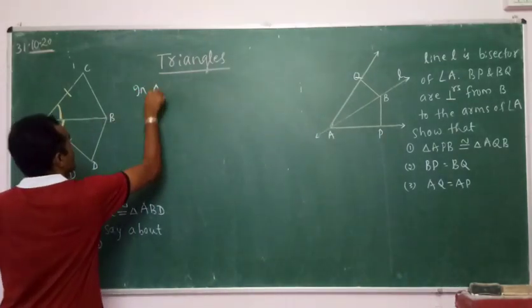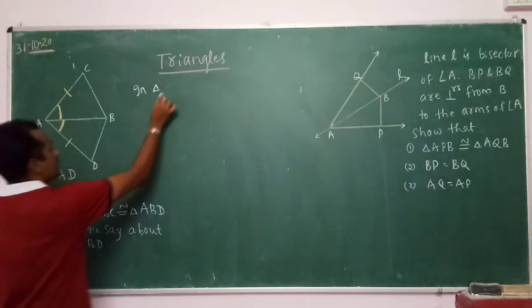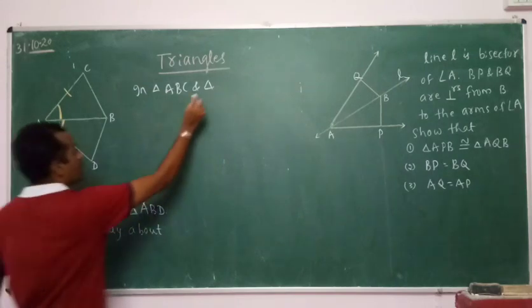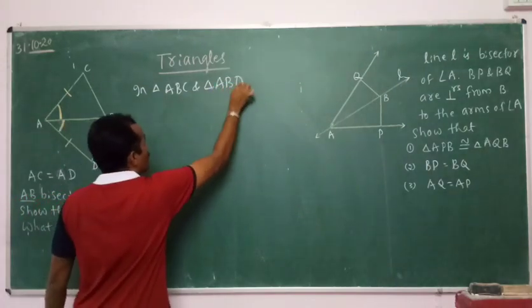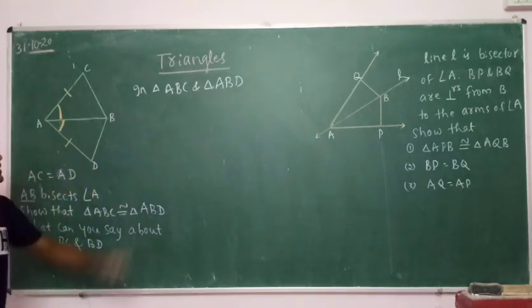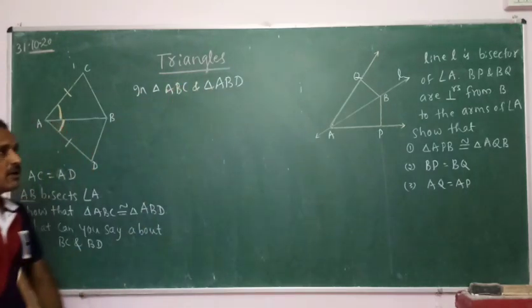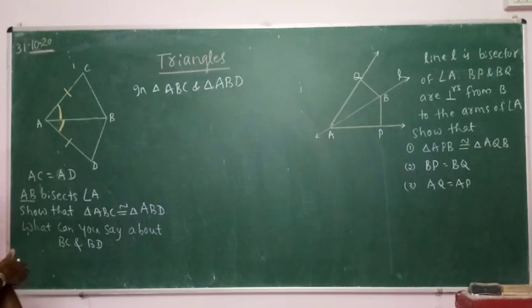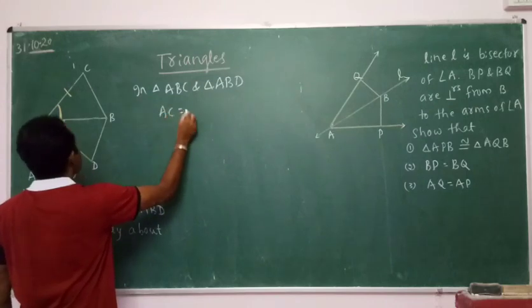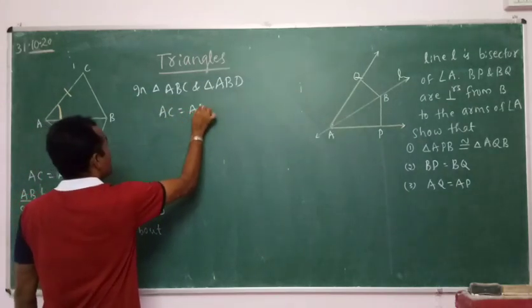In triangle ABC and triangle ABD, when they only gave that triangles are congruent, I can write AC is equals to AD.